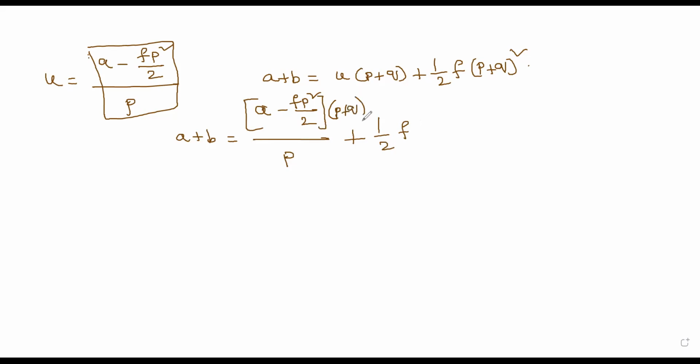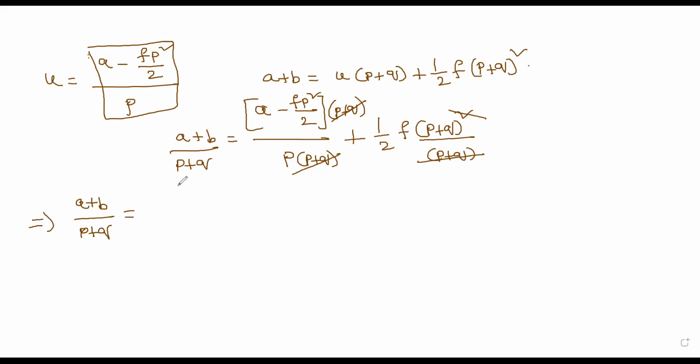So now what we do is we divide with p plus q on either side. When I divide, this p plus q and this p plus q are out. So after that, we have a plus b by p plus q.